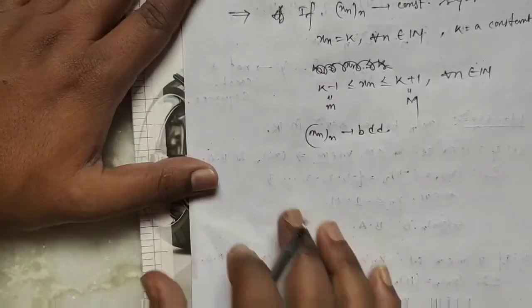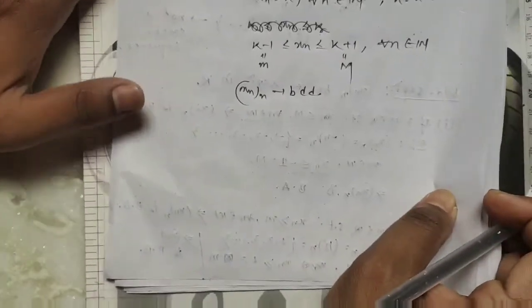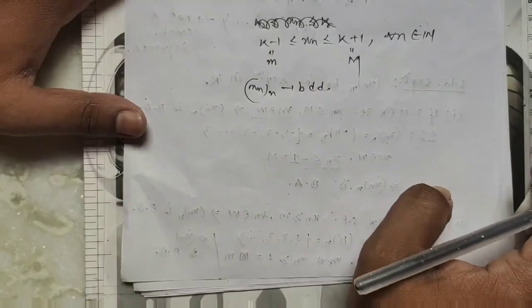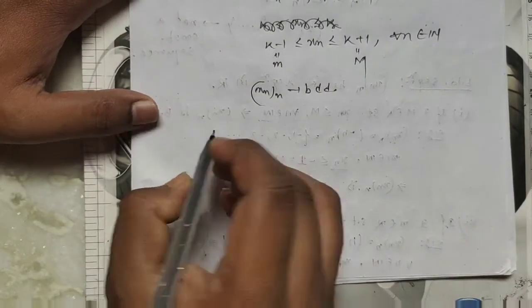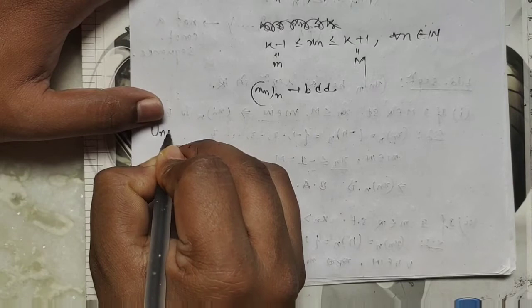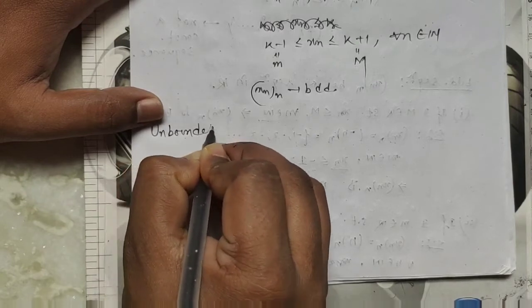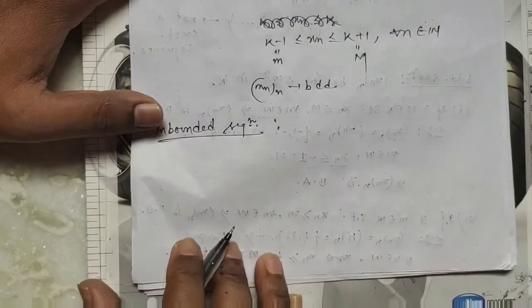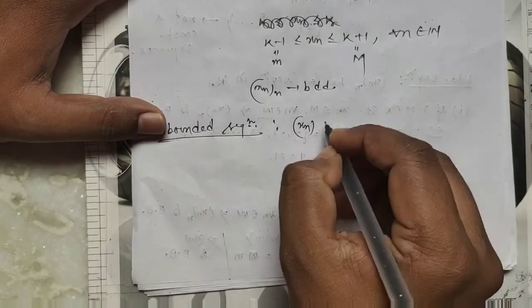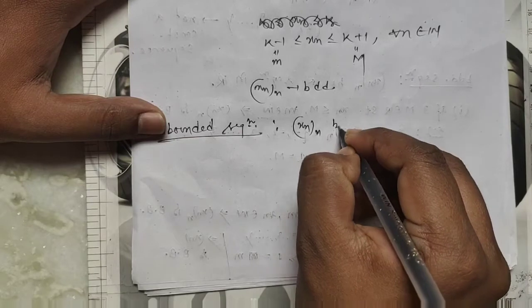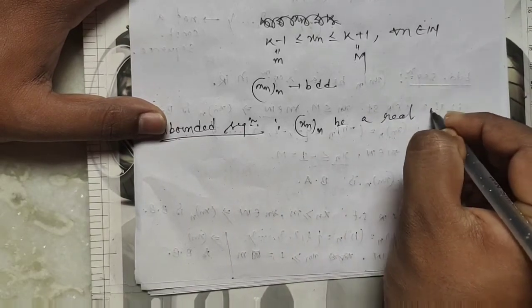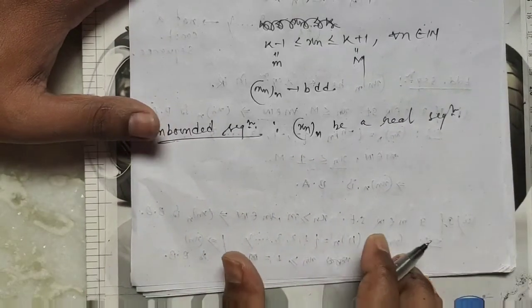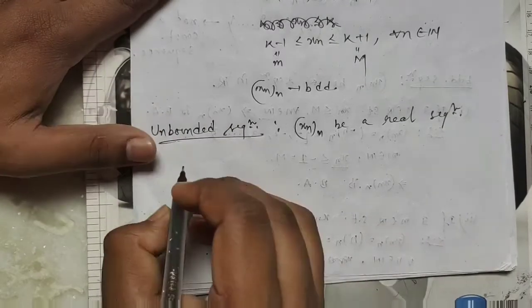Now, unbounded sequence. Okay, let xn be a real sequence.